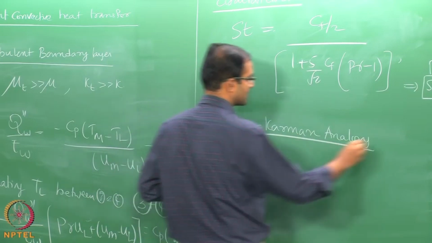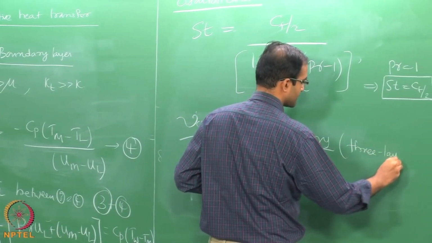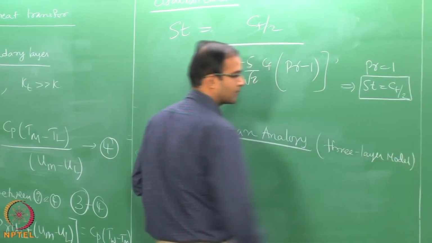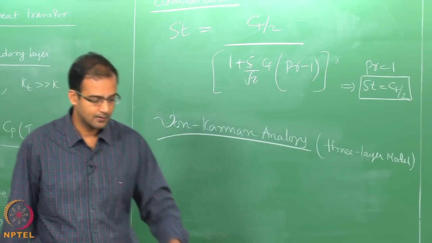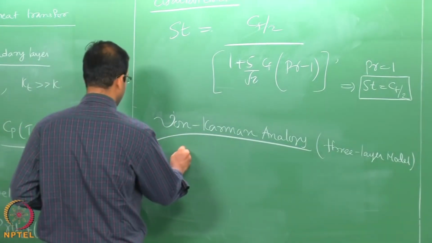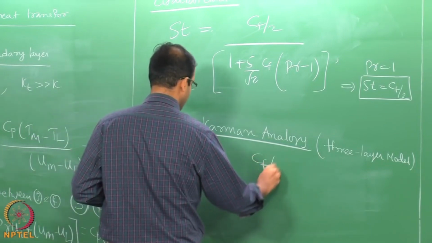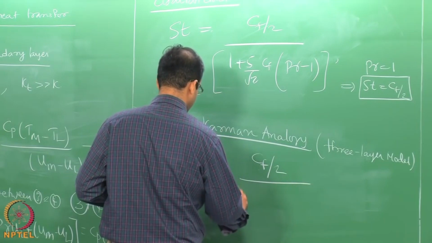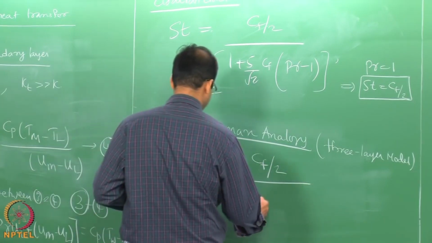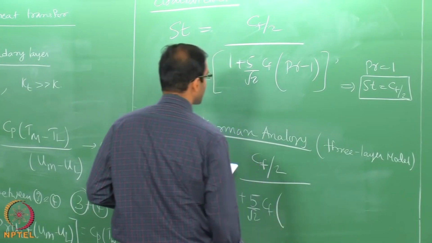This is based on the 3 layer model, which includes the laminar, the fully turbulent and the buffer layer, and in this case the final expression for the Stanton number for the case of a circular duct is as follows.